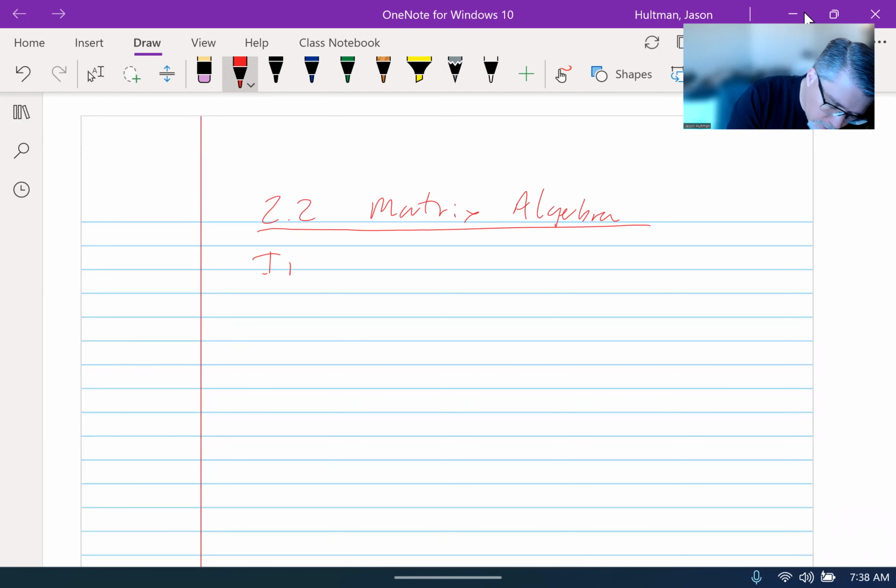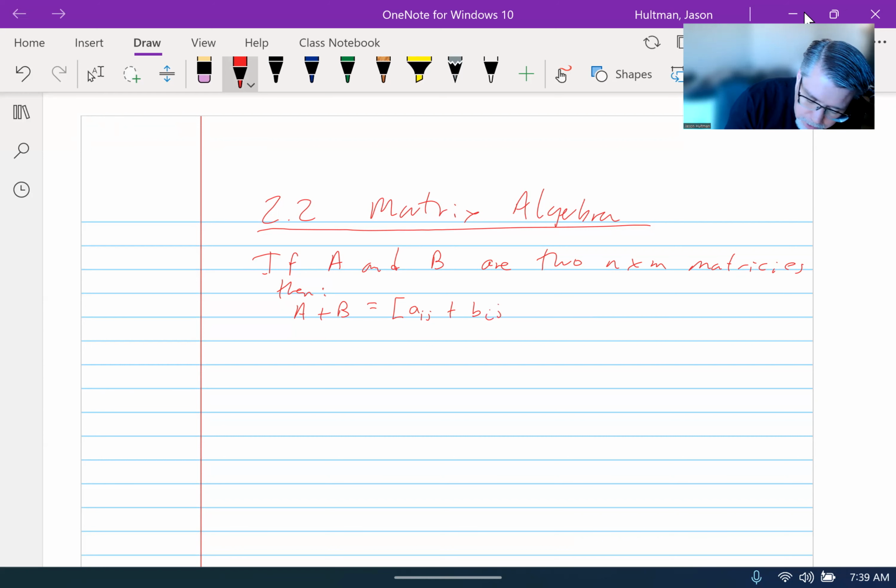Okay. If A and B are two m by n matrices, then A plus B is equal to all the elements a_ij plus all the elements b_ij.